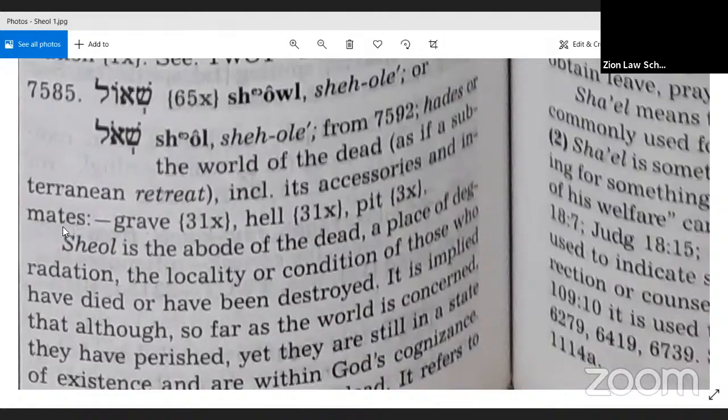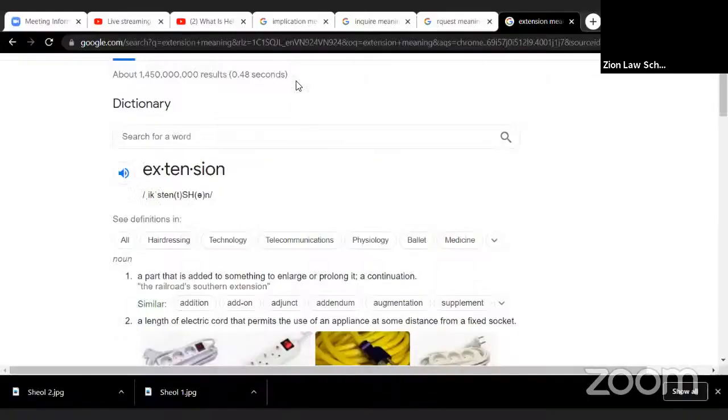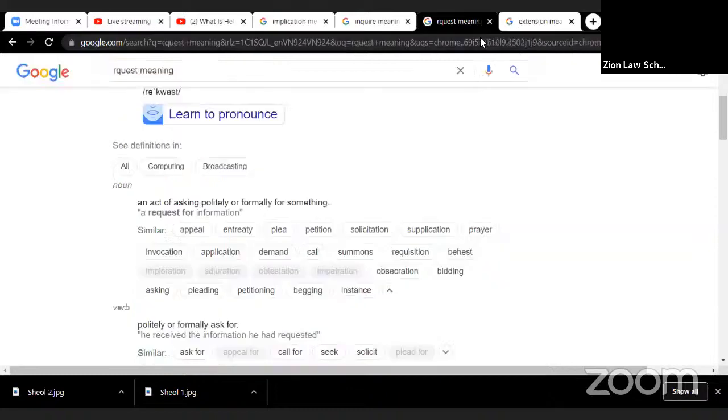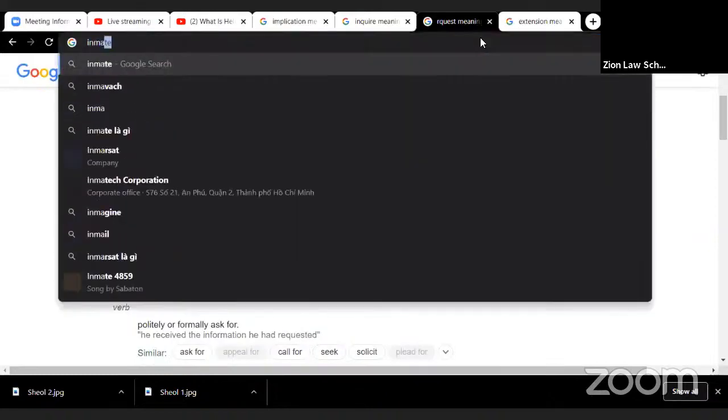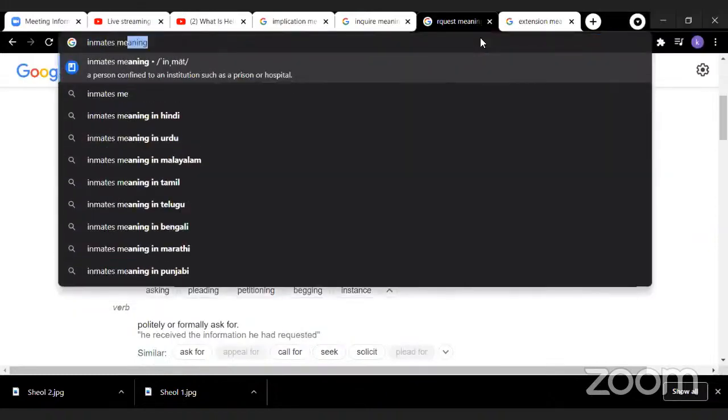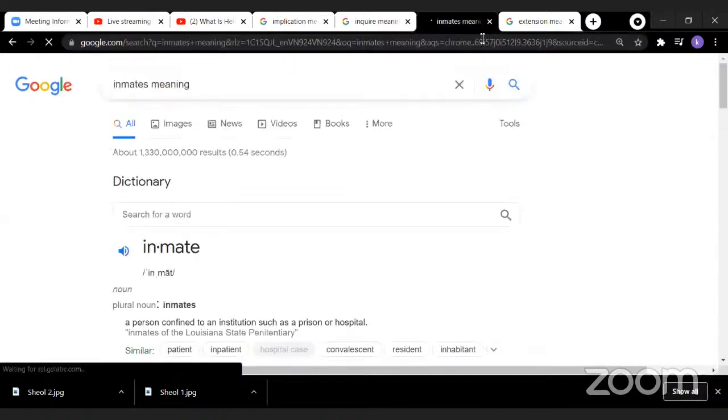Inmates. So what are inmates? Let's look that up. I'm only familiar with the negative meaning of inmates. Let's see if there's something positive about inmates. Does anyone know anything positive about inmates? No. So let's see.